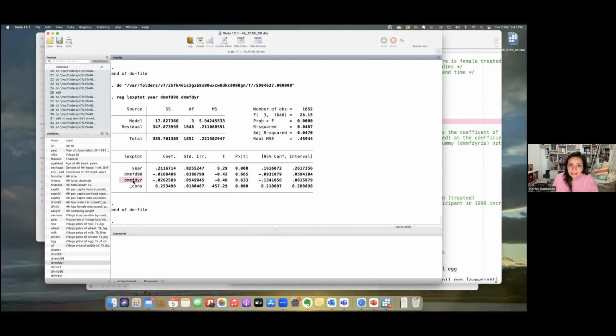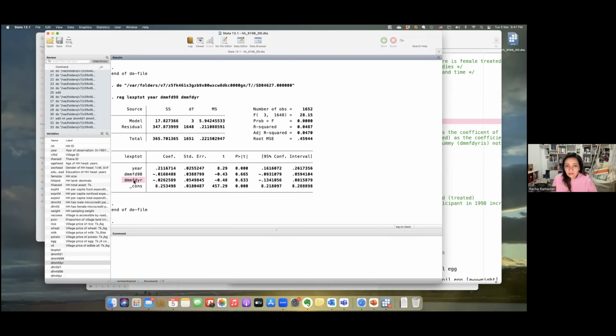No, we said that if we want really to conclude if the treatment has a significant or not significant effect, we have to look at the coefficient of this variable, the interaction. So this variable has a significant or not significant effect on the total expenditure per capita? Not significant. Has no impact.